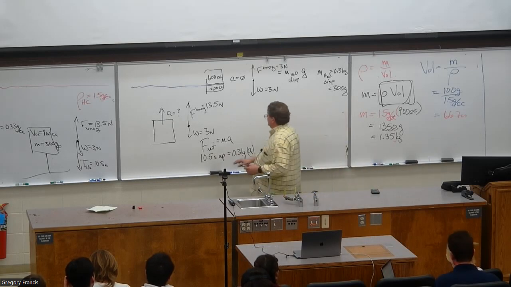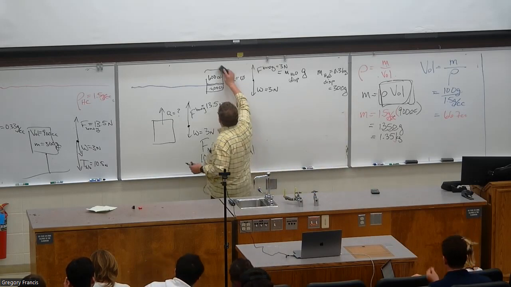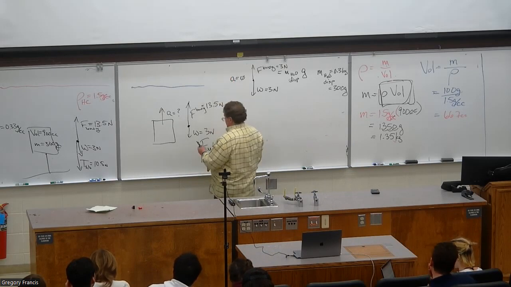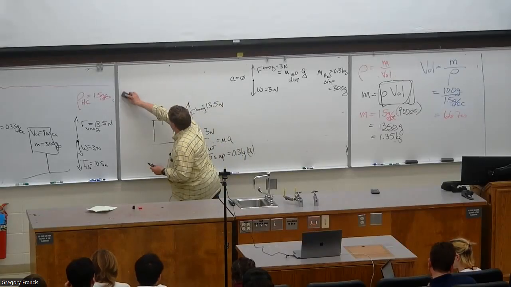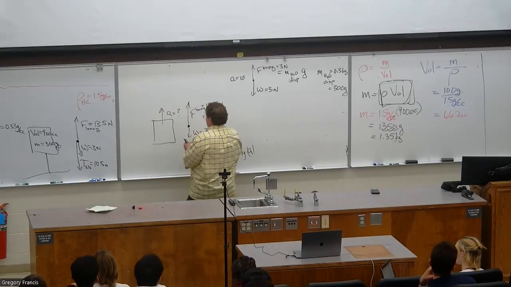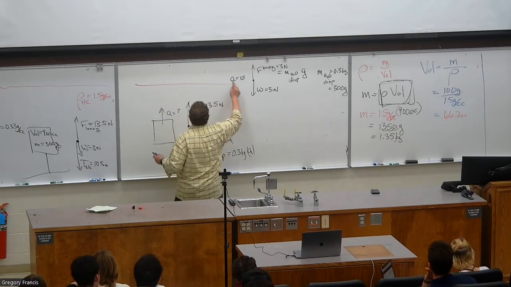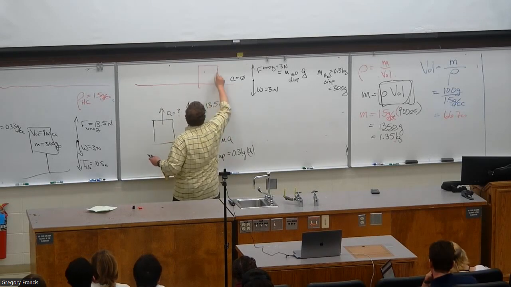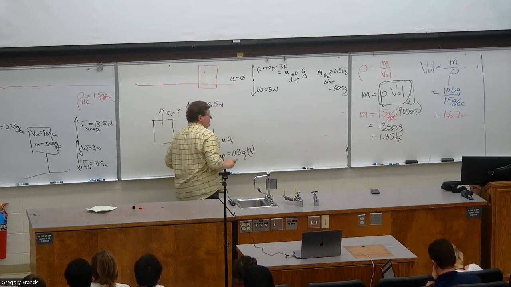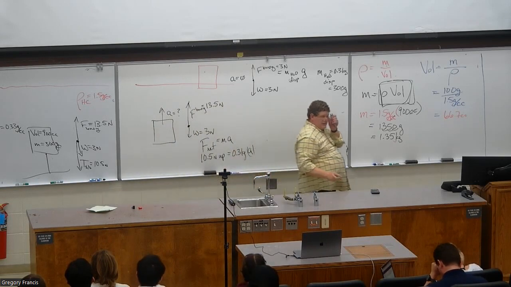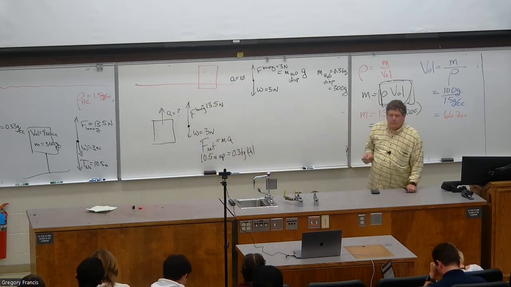Now, when it goes up, it's going to float. Again, this is heavy cream, which is red. It's going to float higher in the heavy cream than it did in the water.